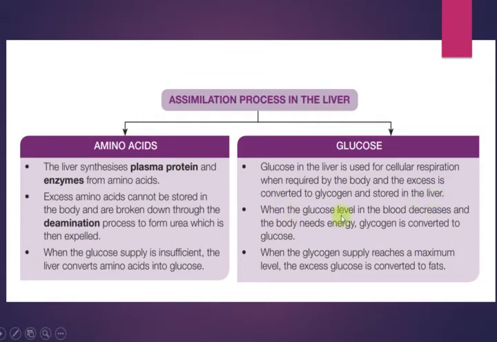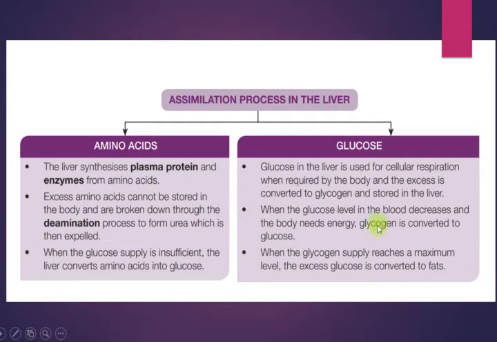When the glucose level in the blood decreases, and the body needs energy, glycogen is converted to glucose. Glycogen is the storage form of the excess glucose from just now.